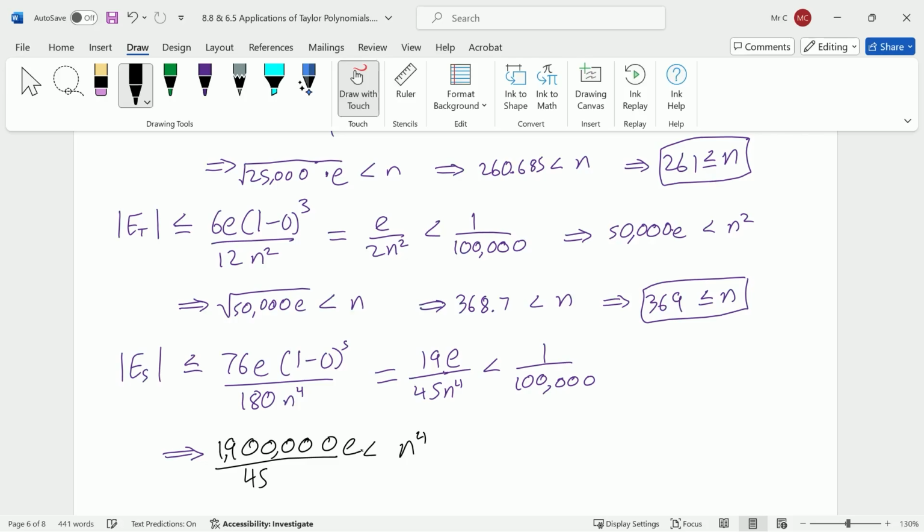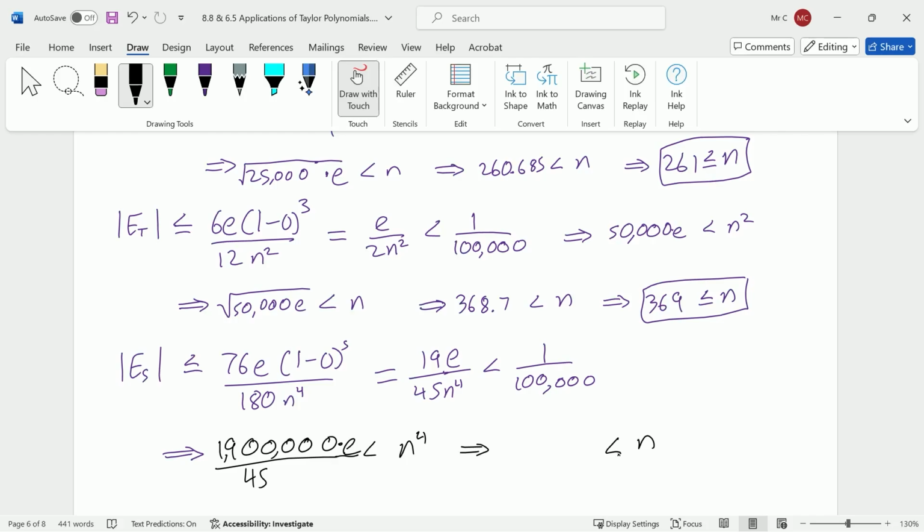And I dropped that e again. That should be times e. It's very easy to make little arithmetic mistakes on this stuff. Gotta be super careful with that. So then I need to take the fourth root, and so n has to be greater than the fourth root of that whole thing.